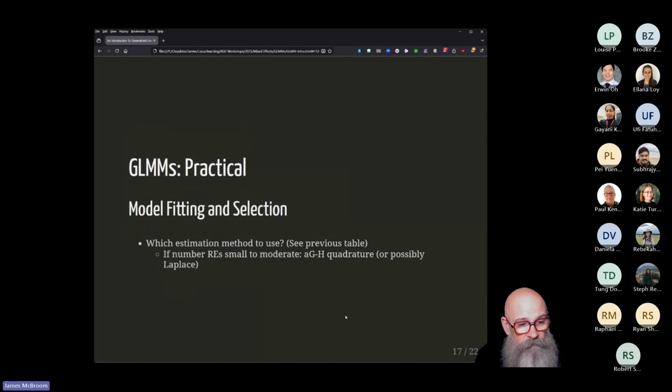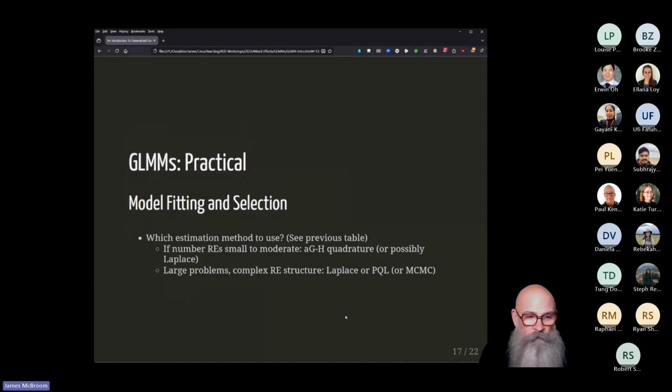But keep in mind that the current software that I've found in R to do Gauss-Hermite limits you to a random intercept per group only. Okay, so actually I probably should have changed that there to say if the number of random effects is 1, then you can use adaptive Gauss-Hermite quadrature, in R at least anyway.